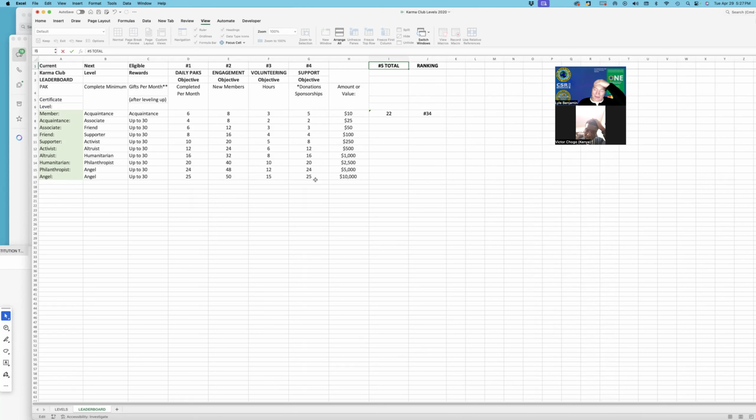Remember at the beginning, I said that on the leaderboard there's the individual ranking for each one of these achievements, and then there's the total ranking. So you can click on one of these and see where do I rank in terms of this? What's my total rank? So every member who's here can go ahead and do that for their level.